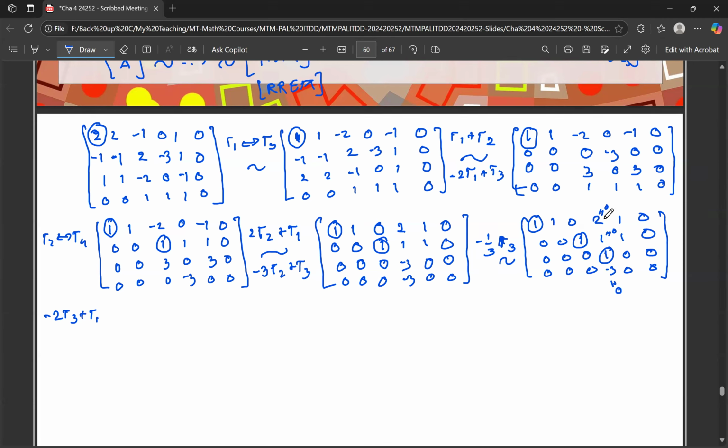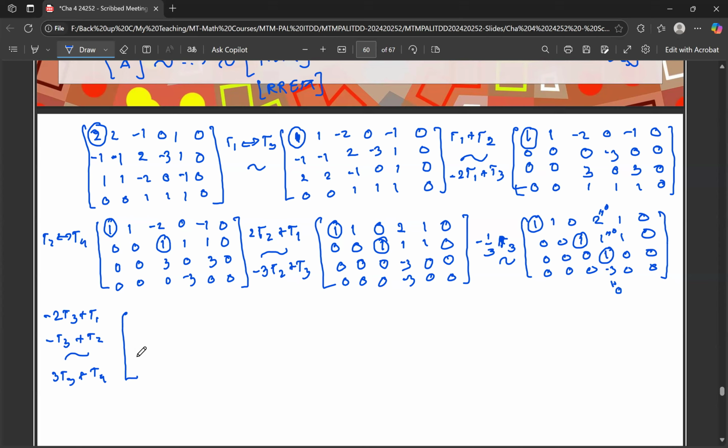To make this one 0, we must have minus R3 added to R2. And to make minus 3 become 0, we have 3 times R3 added to R4.